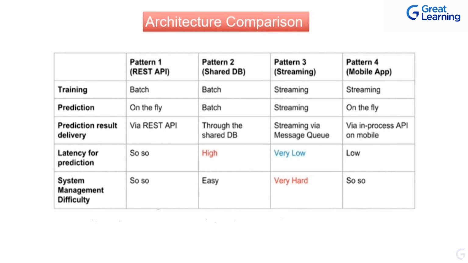Fair enough? The first one, which we call a REST API, and what we'll see in the next slide is what exactly a REST is. Application programming interface is what we use for doing a deployment of a model.